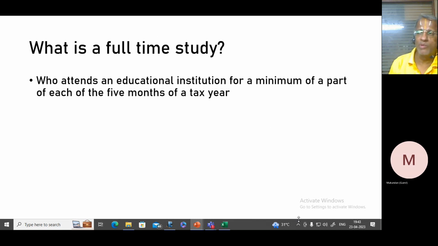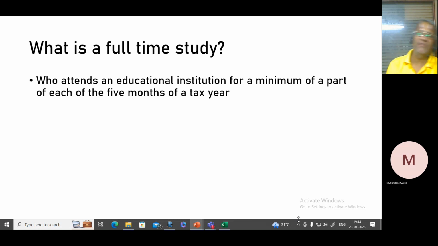So we are talking about CARS. Under that, we have just talked about age as a part, and there, when the child is aged less than 24, full-time study is what we have just taken up. What is full-time? Someone who attends an educational institution for a minimum of a part of each of the 5 months of a tax year.